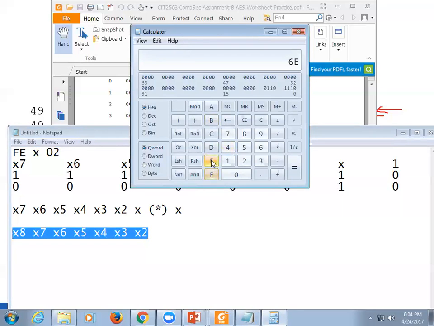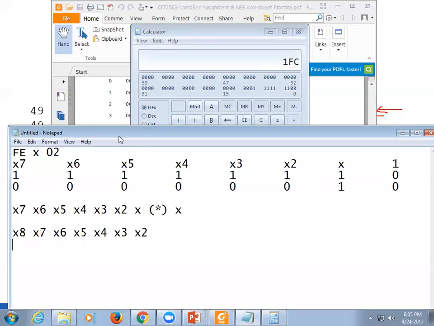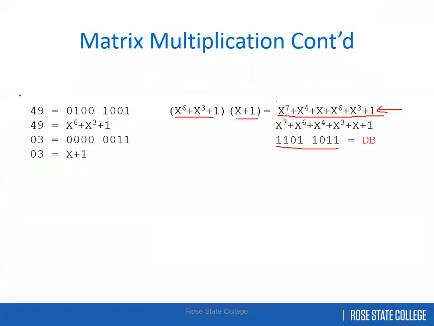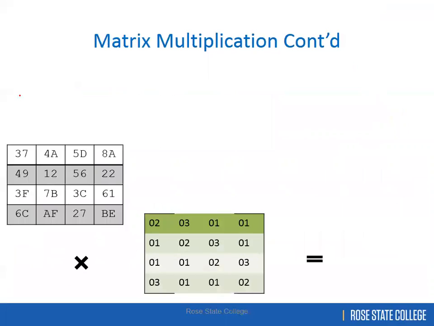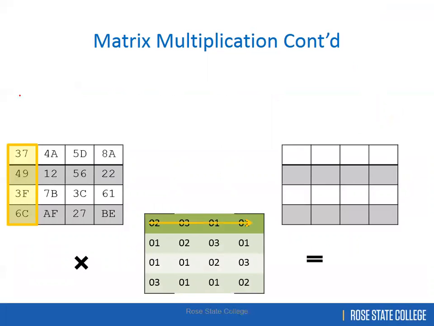FE times 0, 2 gives 1FC. Obviously, that's not going to work. If you do this and you get that, it's too big, because it's only 2 digits. Do you all agree? So how do I make this thing work? Well, let's figure out how. Let's go back to the slides. Okay. So this is just walking through the same things. Okay. Well, what happens? Come on.